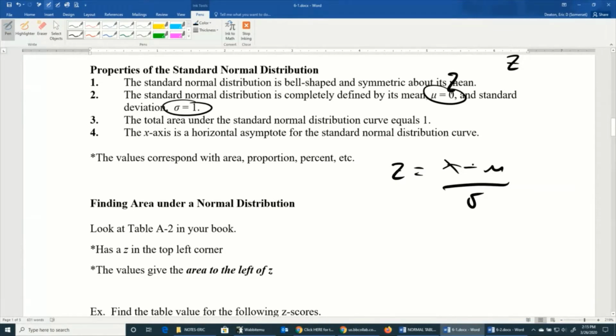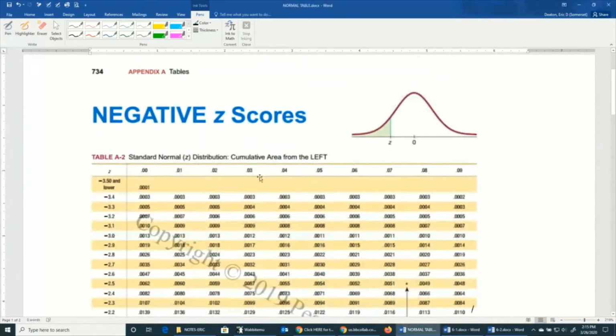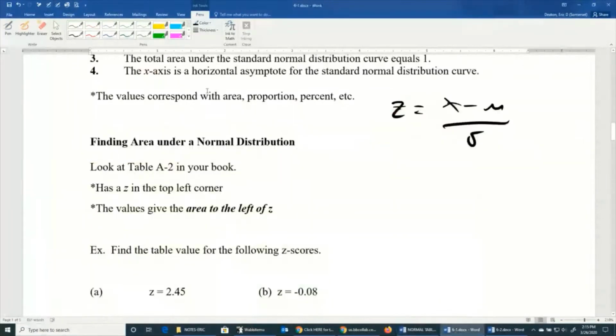That does convert all real life examples into a z-score. That's what's called a z-score. And then we can use the table. Before I go on, that table does involve the area under the curve, and it also refers to proportions, percents, probability.